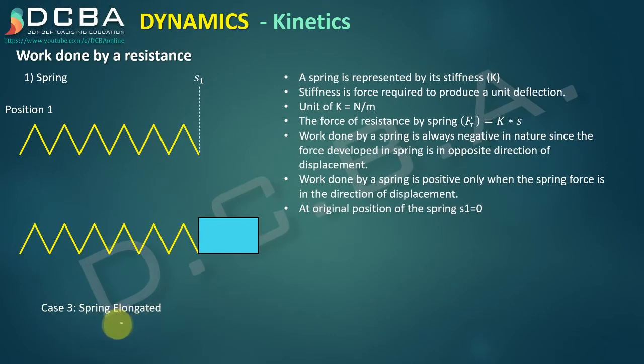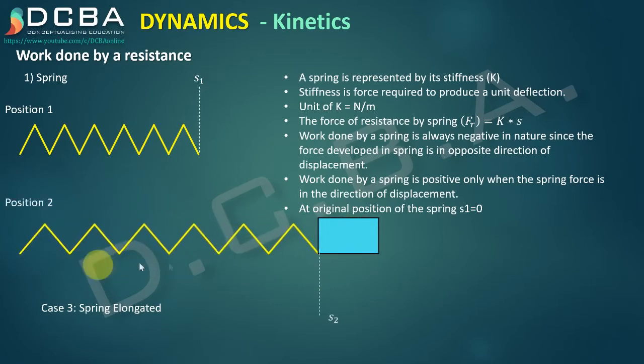Case 3 is what happens when the spring gets elongated. Now this is the unstretched position, S1 is equal to 0, and this time I am applying a force in this direction. So what will happen? The spring will get elongated, S1 is 0, S2 is not equal to 0. This is the displacement that is happening, which is again a positive displacement, and the direction of the displacement is in this direction.